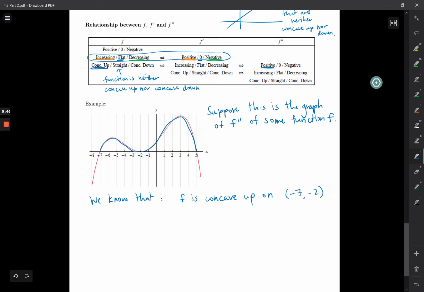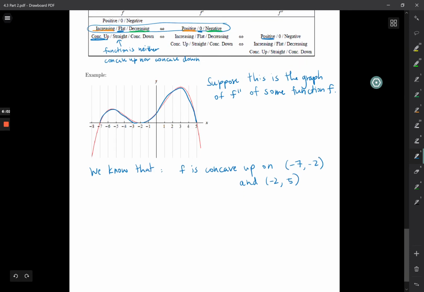Then the second derivative is equal to 0 at -2, so it's not concave up at that particular point, and then afterwards it is still concave up. So, from -2 to 5, right?